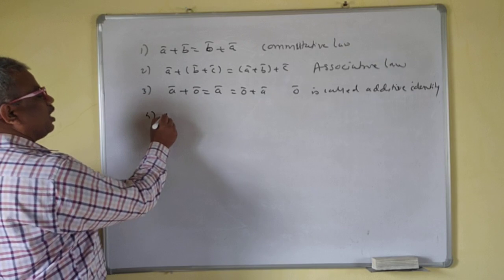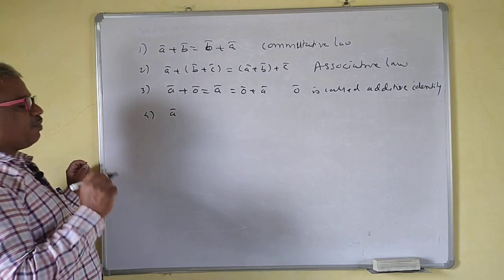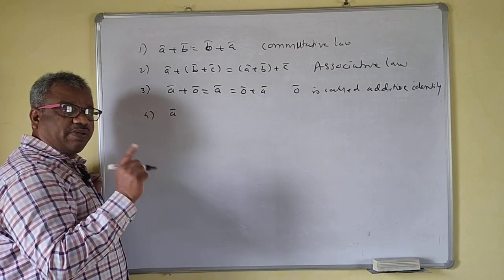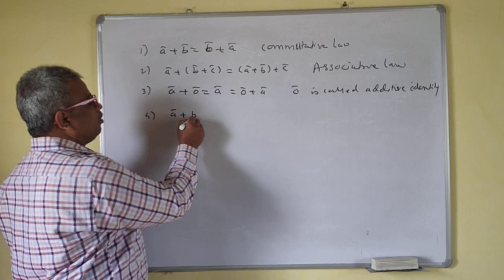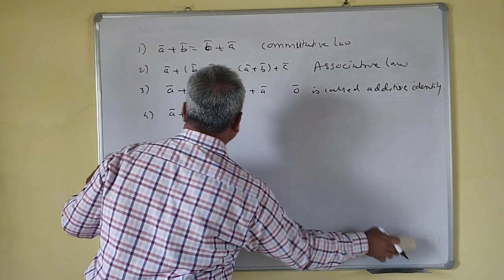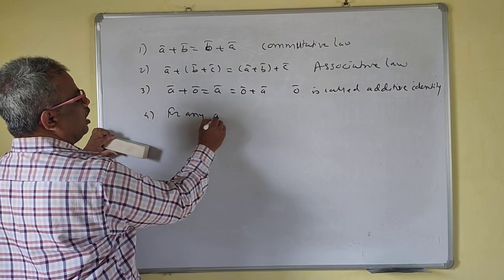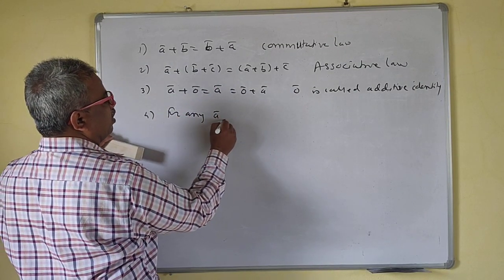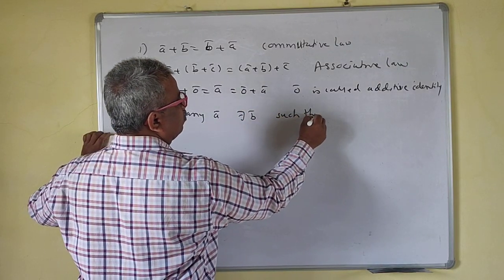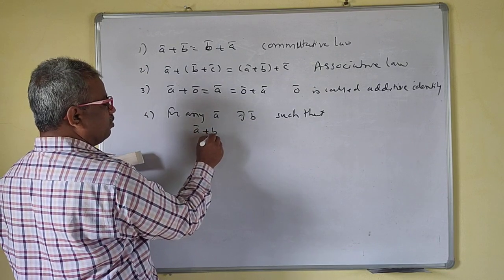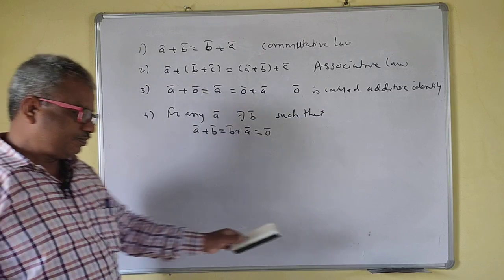Now 4. For any vector A bar, there always exists a vector B bar such that A bar plus B bar is equal to B bar plus A bar is equal to 0 bar. Right?